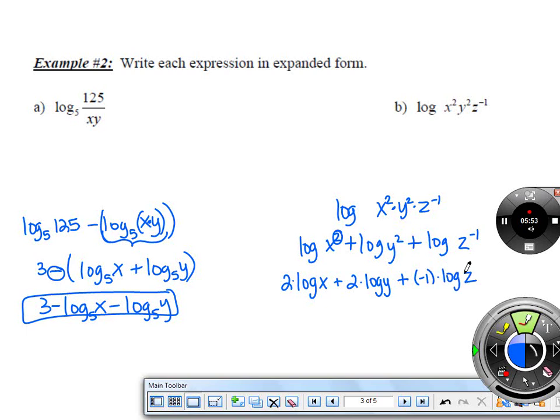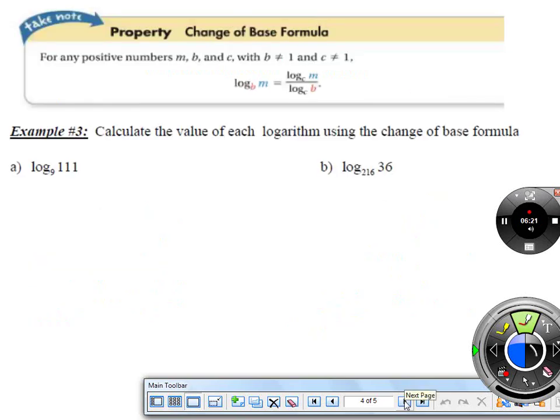Okay, and probably more simply written, this would be 2 log of x plus 2 log of y minus log of z. And that would be my most expanded form of that expression. Okay. So remember, we would use these to manipulate. So just as we can expand these out, there is a property that allows us to change the base of the logarithms as well.